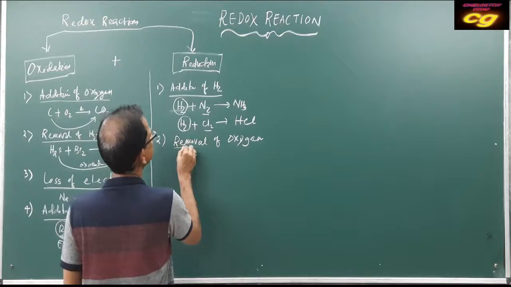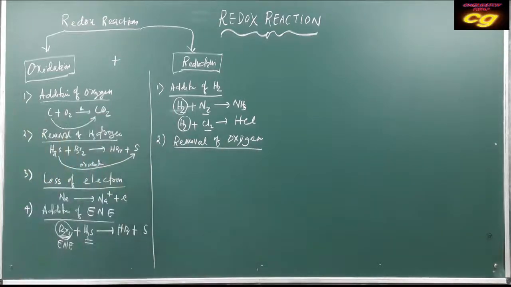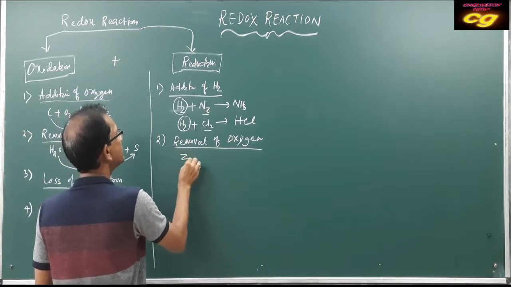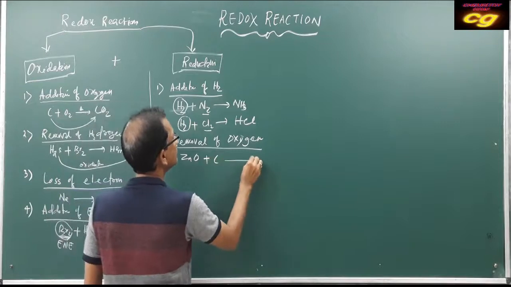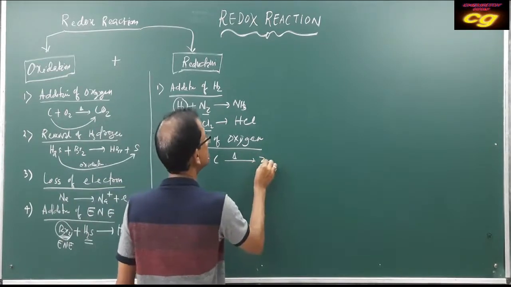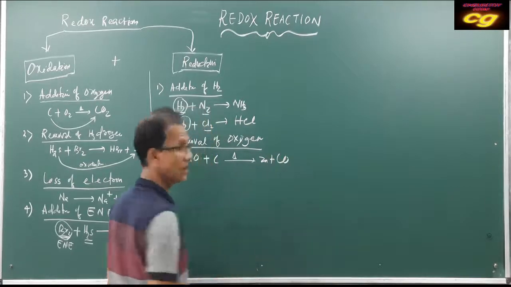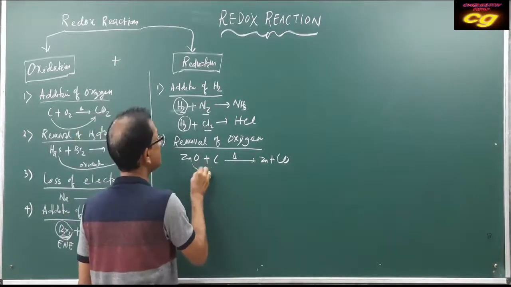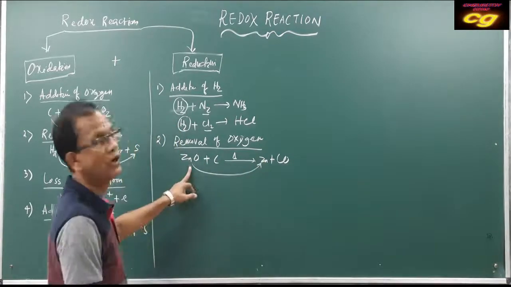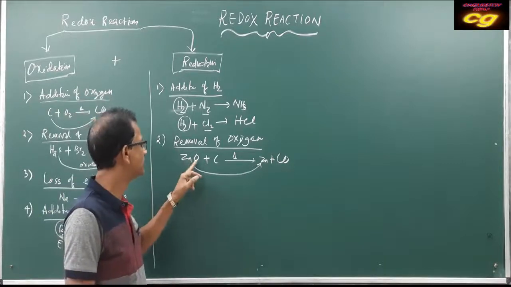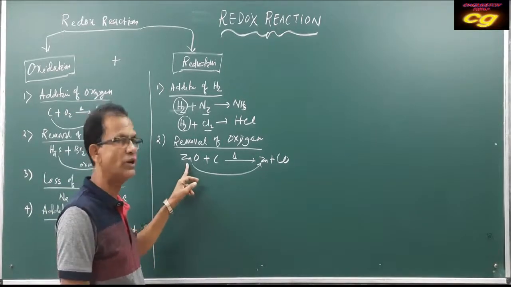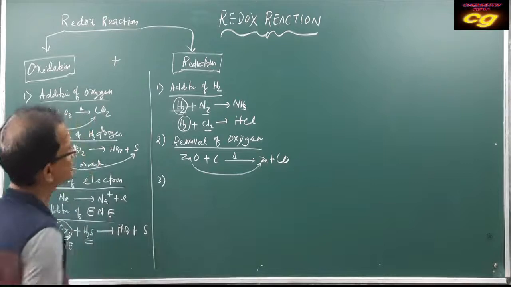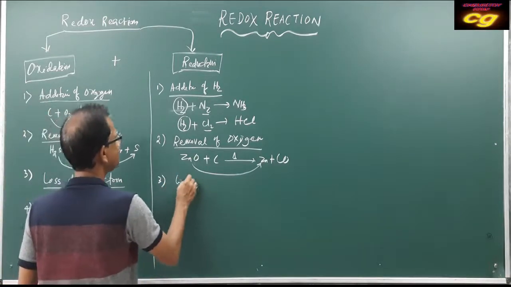For example, zinc oxide plus carbon on heating produces zinc plus carbon monoxide. You see here zinc oxide contains oxygen, but on the right side zinc has no oxygen, meaning loss of oxygen. That's why zinc oxide is reduced. It undergoes reduction because of loss of oxygen. Third definition is gain of electron.